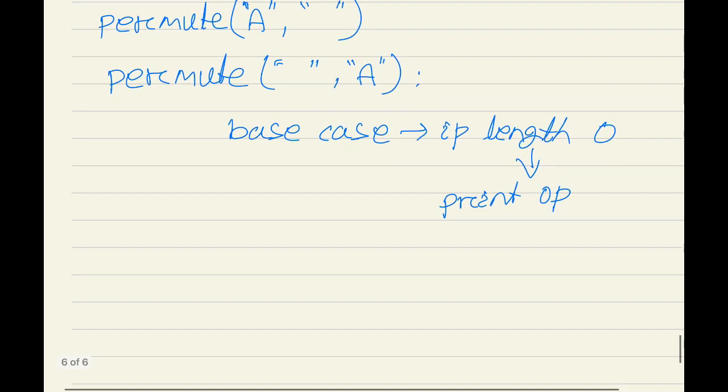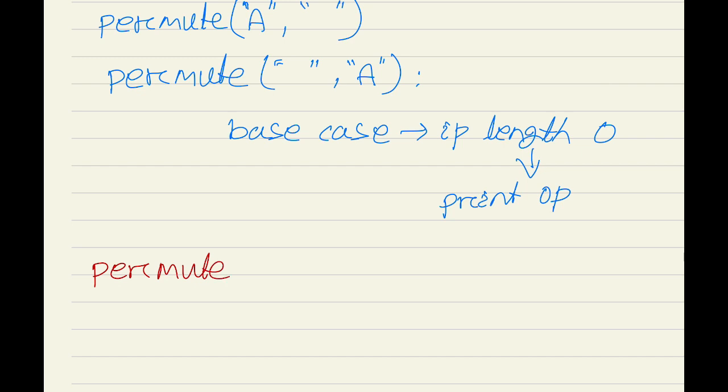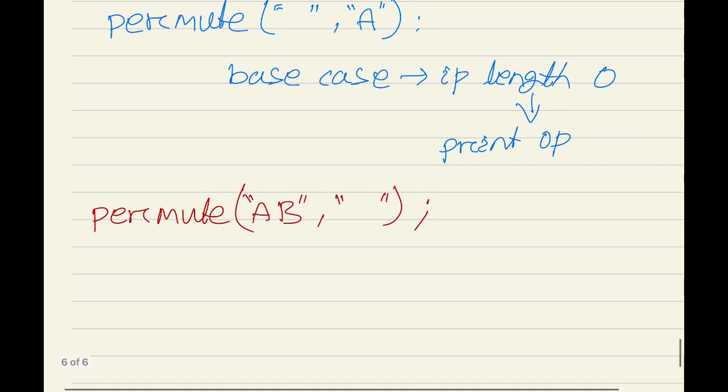Now consider another example where the input string is of length 2, that means 2 characters are there, and assume the input is AB and initially the output is empty.